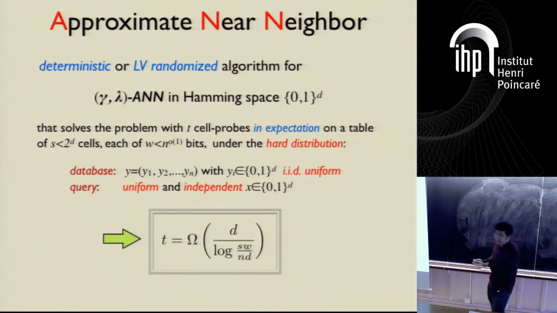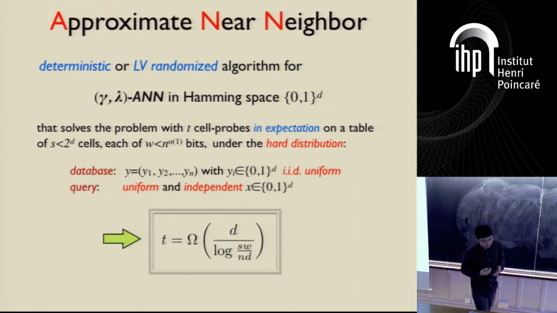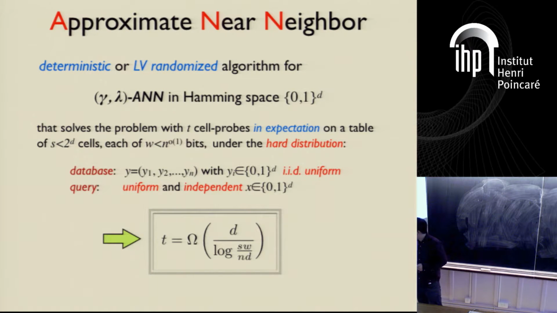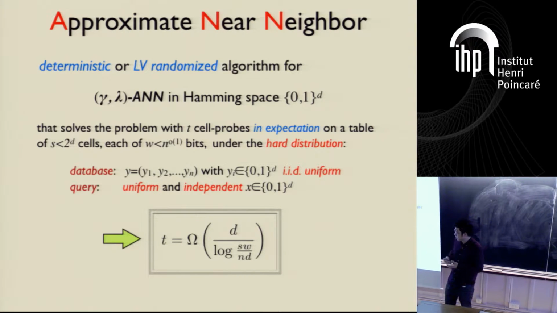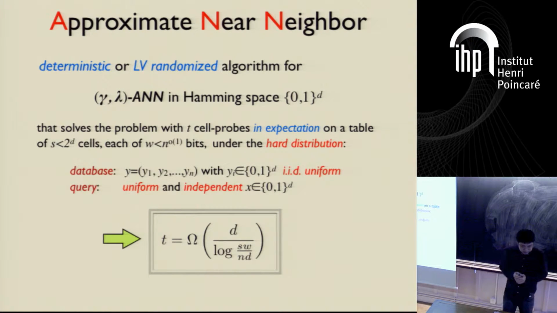But still, this is just an idealized distribution, right? So it could be not like the real world distribution. So it's worthwhile to establish these lower bounds with respect to certain dimensionality properties defined for the metric space with respect to a particular distribution over the metric space.